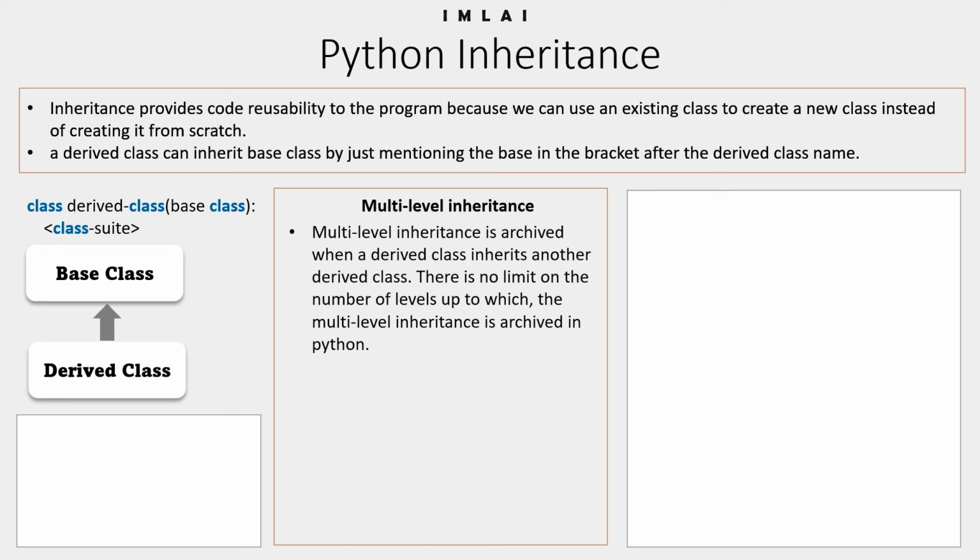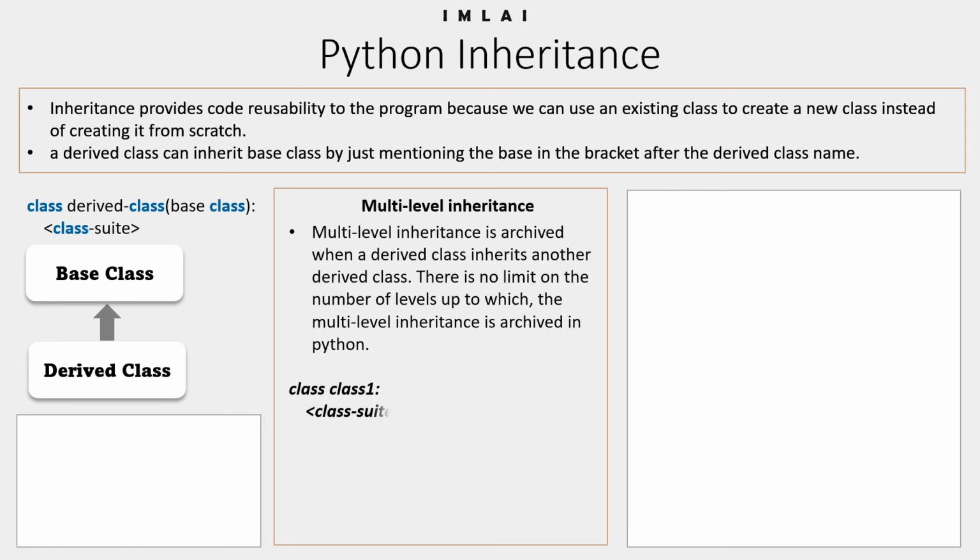There is no limit on the number of levels up to which multi-level inheritance can be achieved in Python. Example, you take Brahma, universe, and then Garbhodakshayi Vishnu. These are different levels. So here is one example.